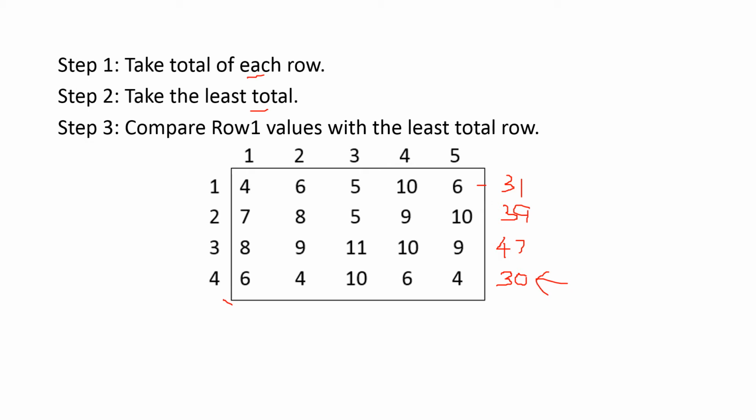Now step 3: compare the row with the least total against the other rows, and continue that way. Here the fourth row has the least value, and we compare this least total row with the other rows.